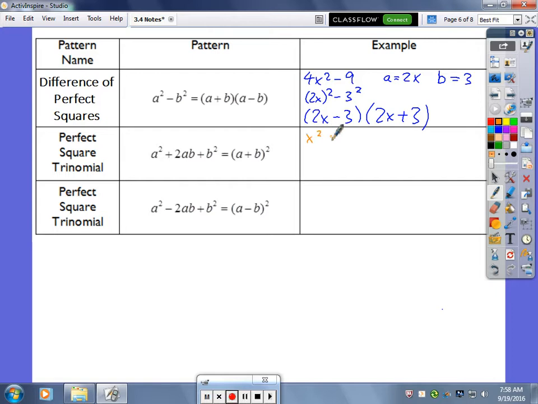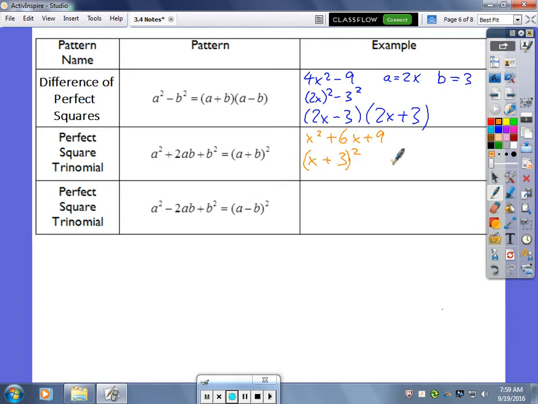So for example, x squared plus 6x plus 9. If we realize that the square root of 9 is 3, and 3 is also half of 6, we can already go ahead and write this down, and essentially what we get is x plus 3 squared.